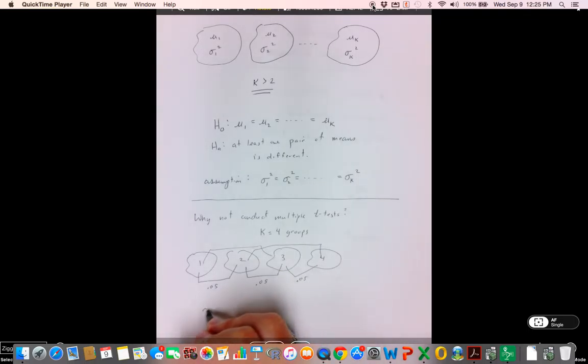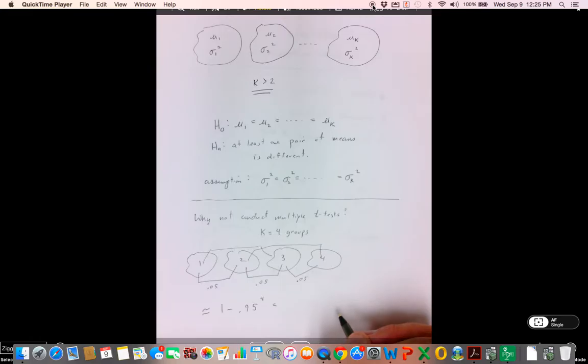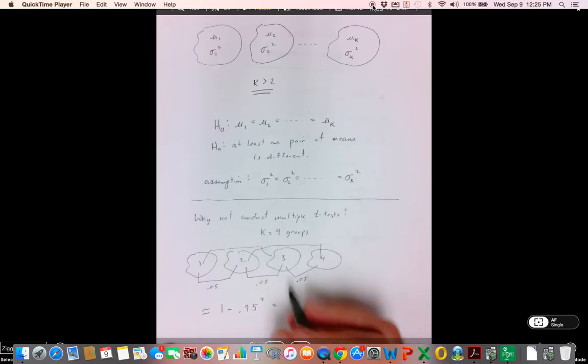We can show that by conducting all of these multiple t-tests, we can approximate the probability of committing a type 1 error by 1 minus 0.95 raised to the 4th power, where this is 0.95 raised to the k power, which clearly is 4 groups.